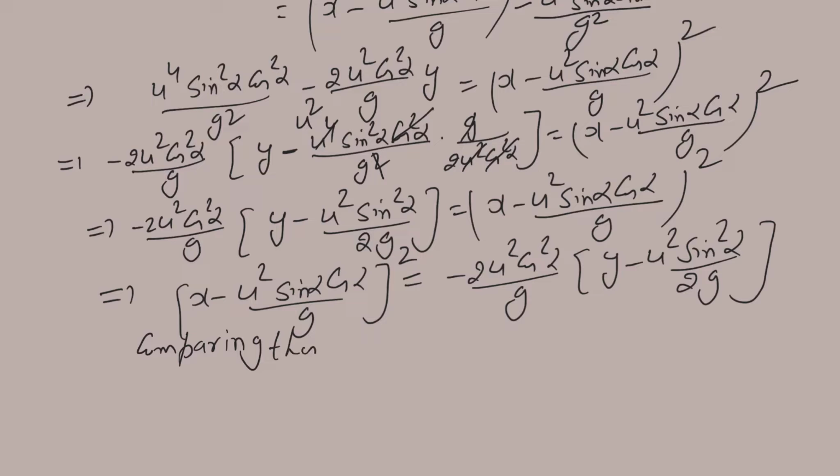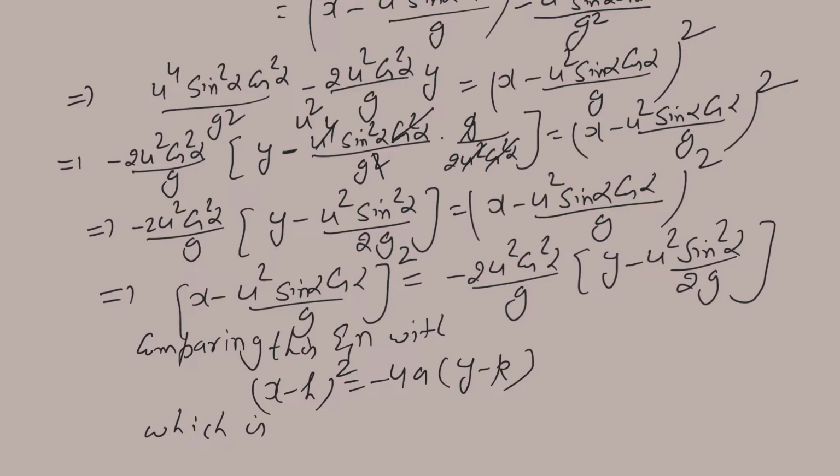Now comparing this equation with this equation, x minus h whole square equals minus 4a times y minus k, which is a downward parabola.